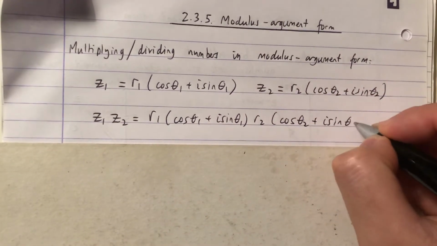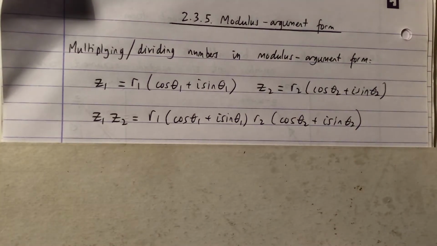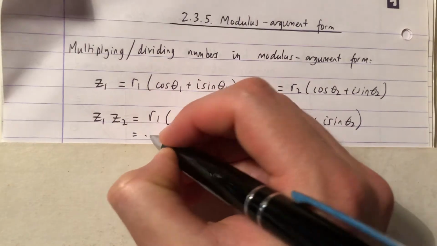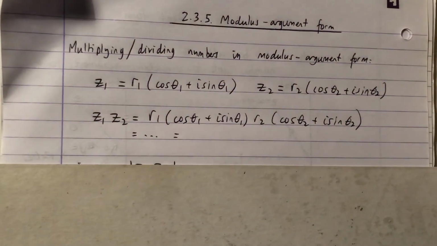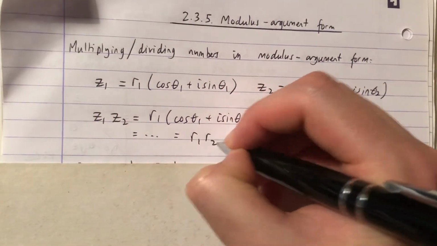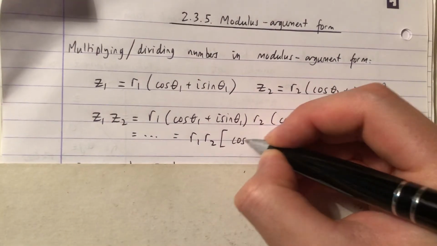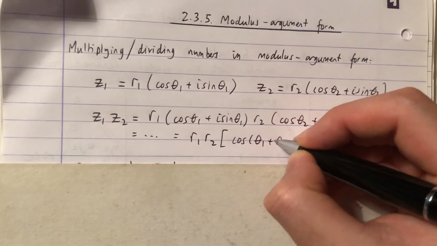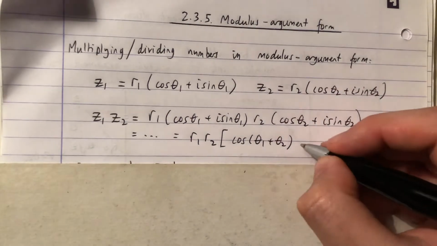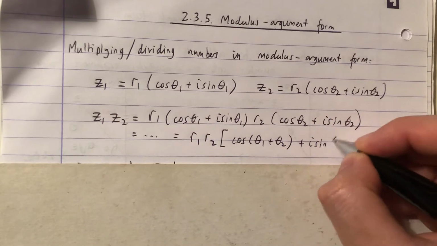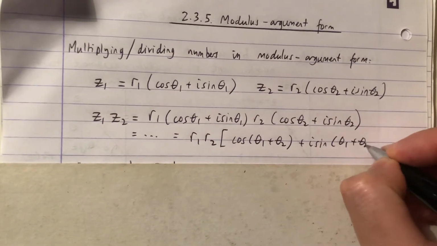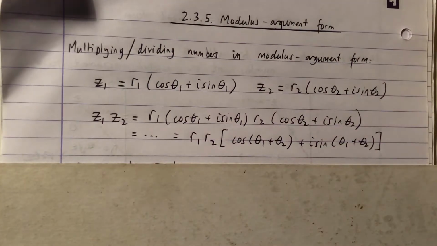Now there's a relatively long algebraic process where you use expanding brackets, trig identities, collecting like terms, etc. And all of this simplifies to r1 times r2 (cos(theta 1 + theta 2) + i sin(theta 1 + theta 2)), if you bother doing the algebra.